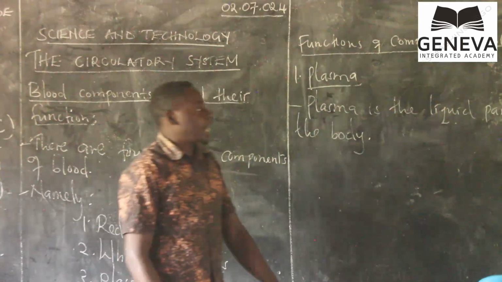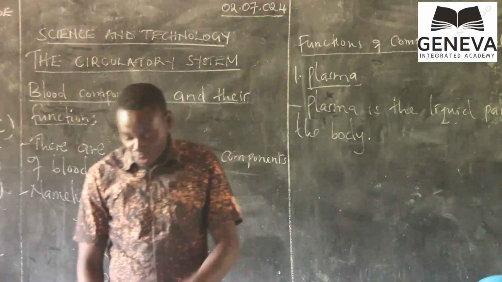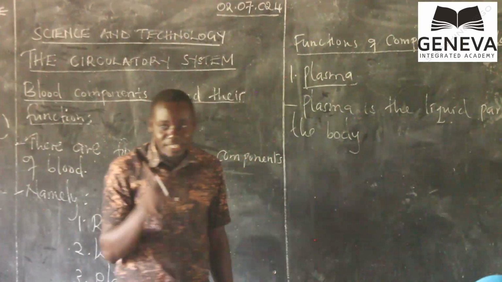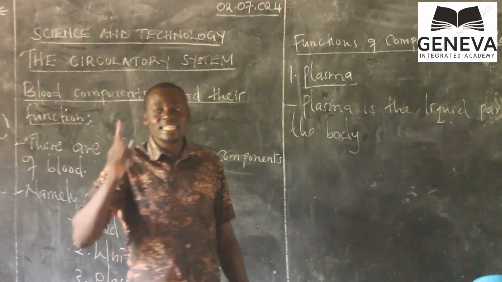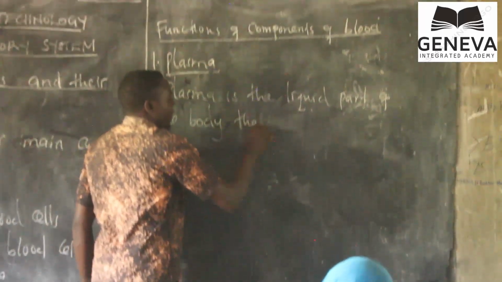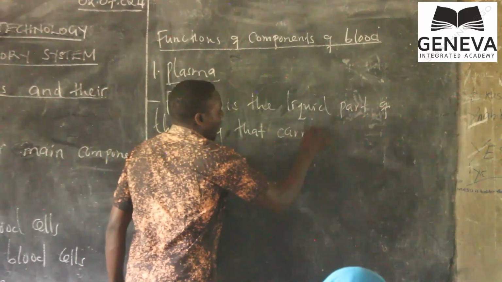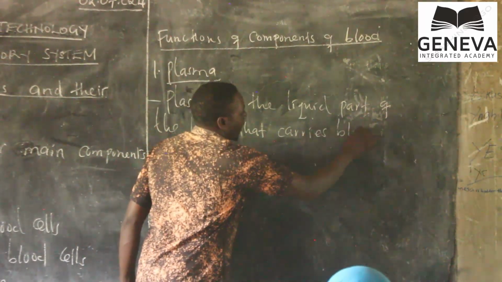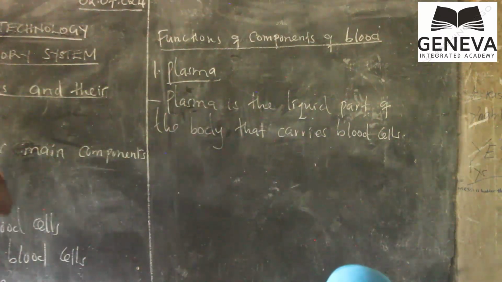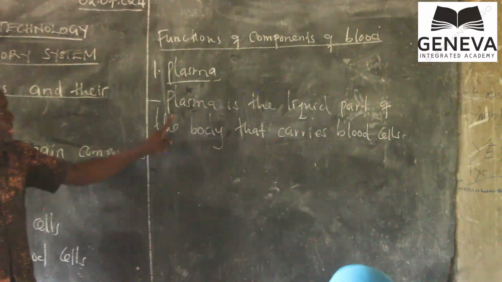The liquid part of the what? The body. And there's something we have forgotten: that carries blood cells. So now, if you are asked what's plasma, what will you say?